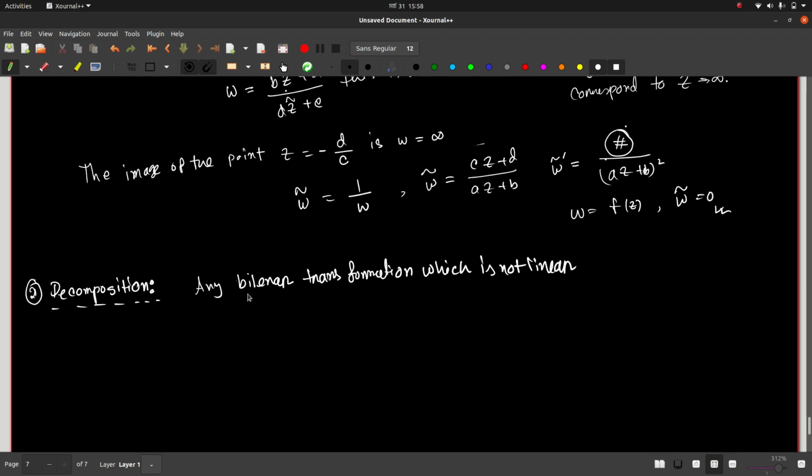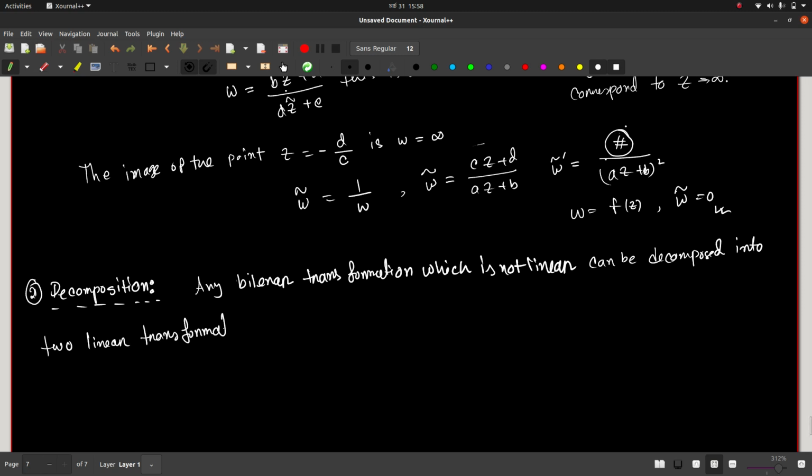That's why we are saying any bilinear transformation which is not linear can be decomposed into two linear transformations and an inversion.